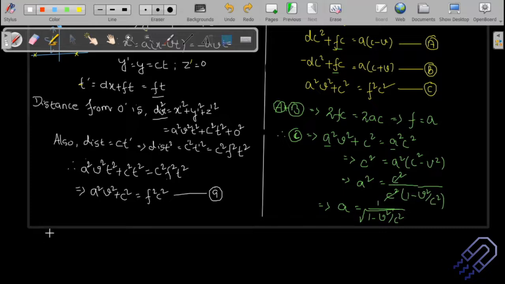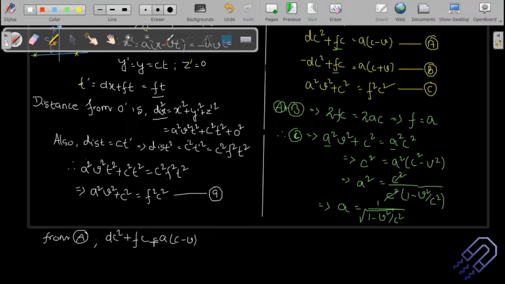So we can say that from a, please write it down sequentially so that you are not confused. This is your relation a, so from a we can have d square dc square plus fc is equal to a into c minus v. So we already have this relation.